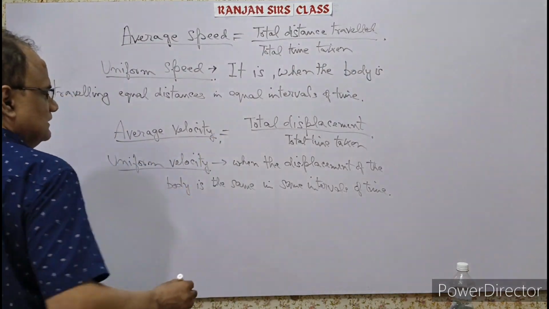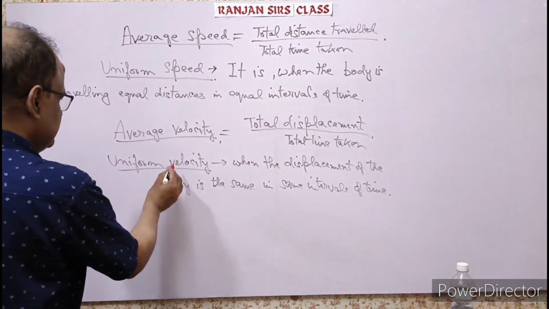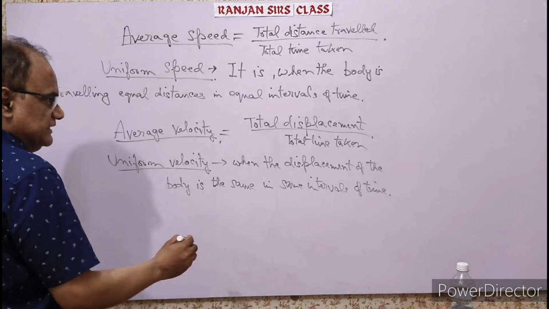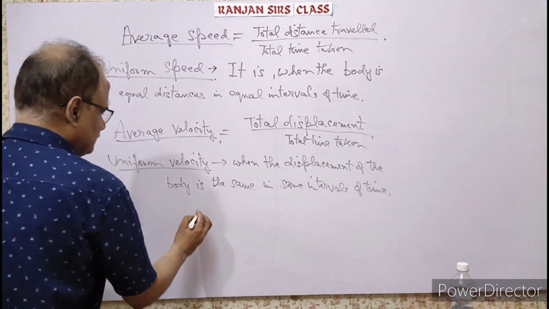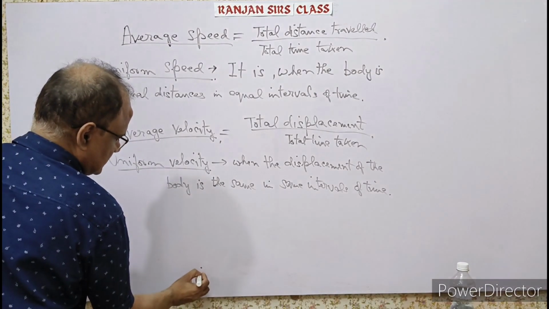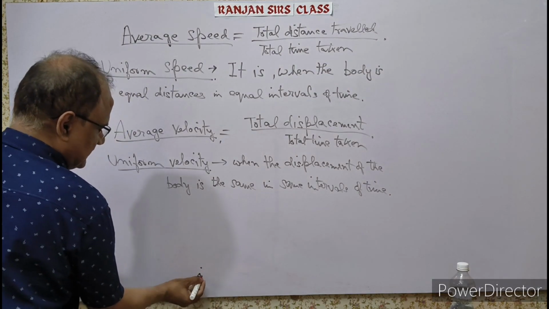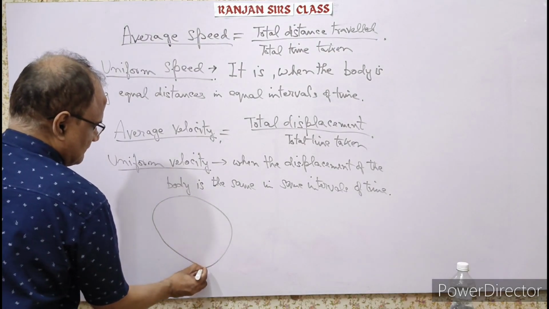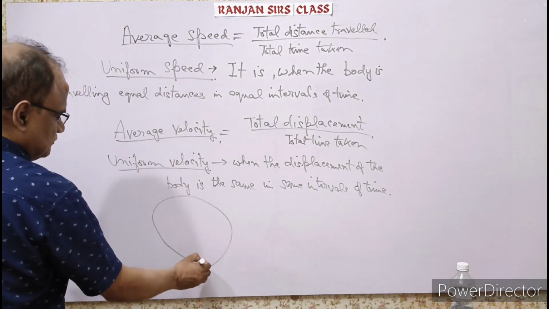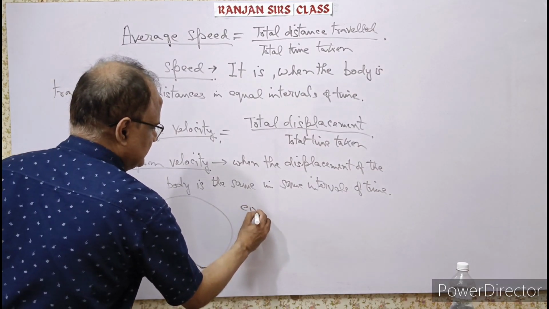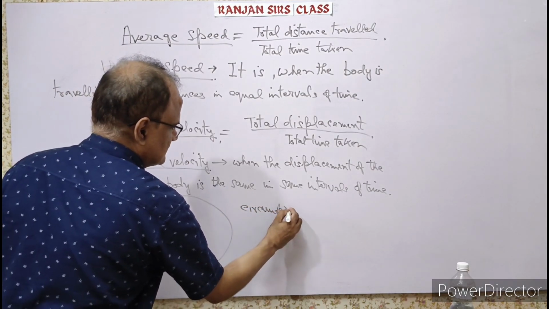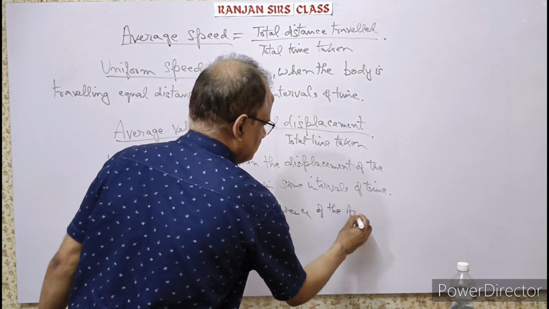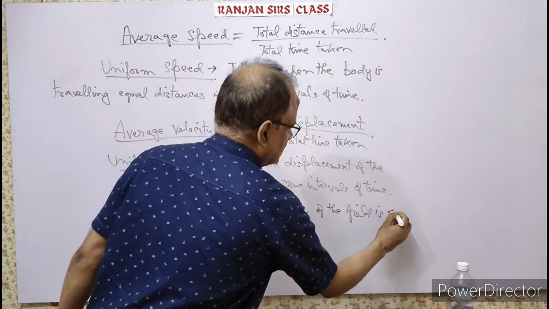And finally let us try and understand the difference between average speed and average velocity by taking an example. A person is standing at point A and is running around a field. Suppose the circumference of the field is 400 meters.